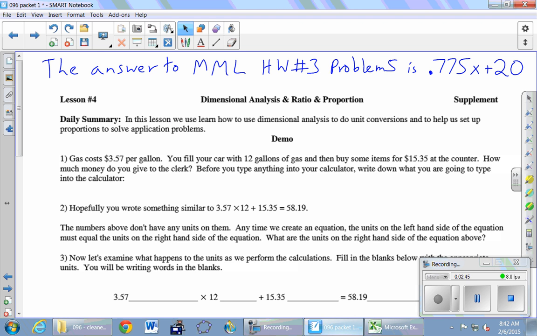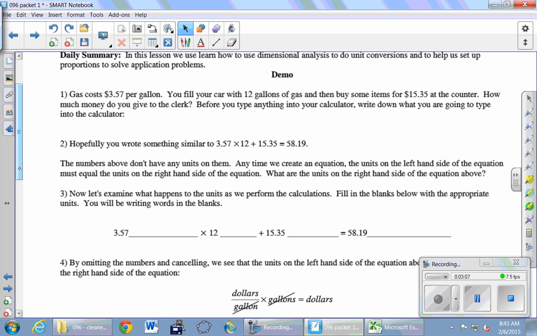All right, so let's jump in with the daily summary on the top of 23. Savannah? Thank you. Tyler, number 1. Okay, so write down some expression that represents how we would figure out how much money we'd have to pay. $3.57 a gallon, 12 gallons, and then $15.35 on other stuff.